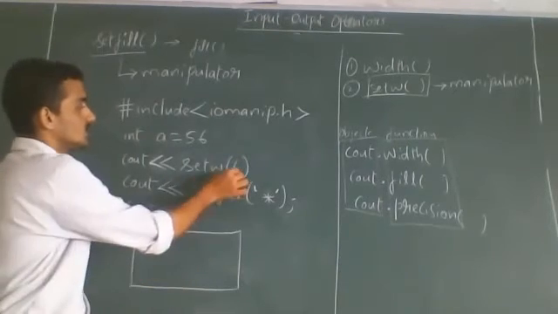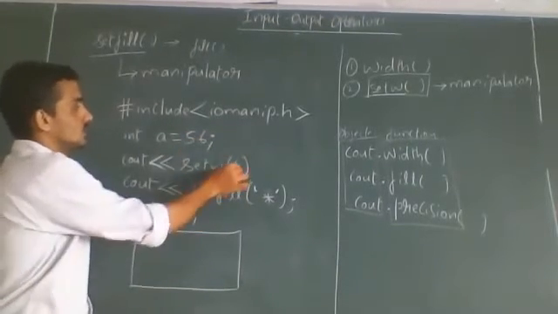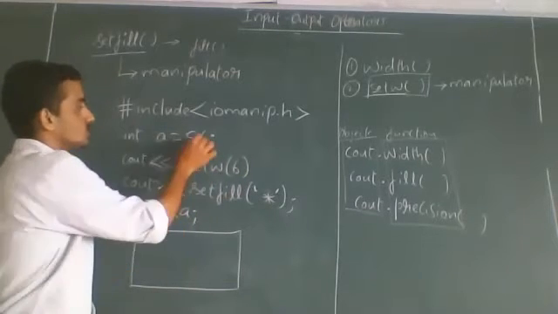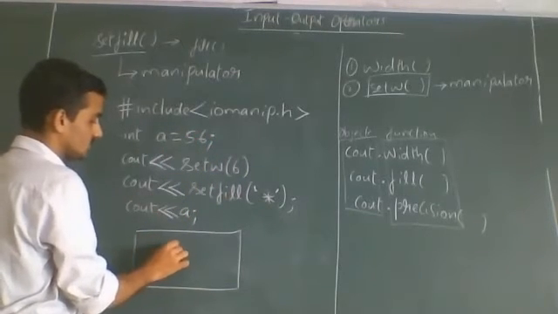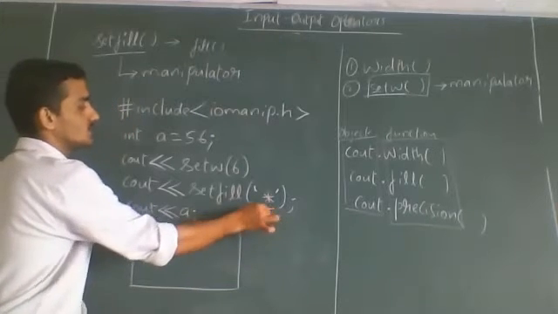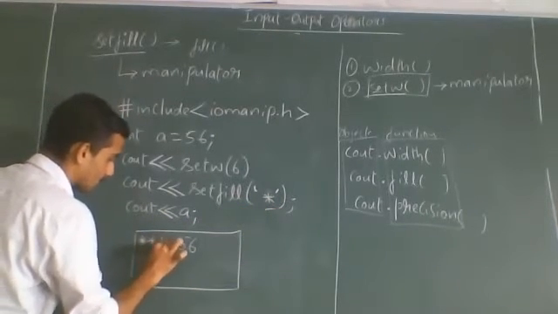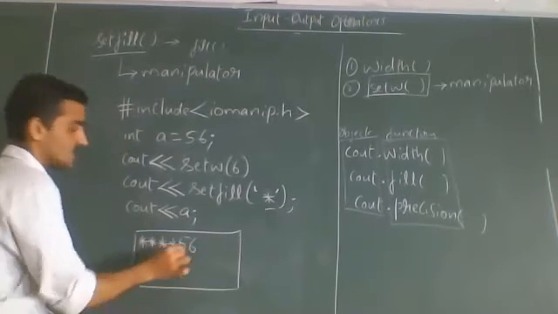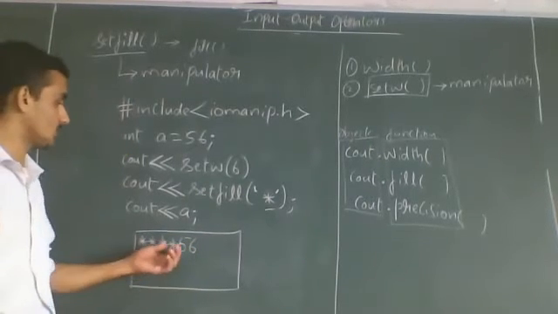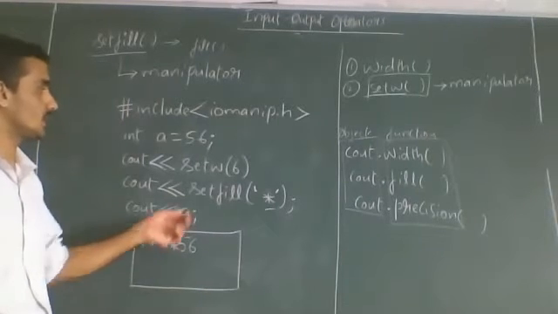Total width is 6. 6 minus number of digits, which is 2. So 6 minus 2 is 4. So 4 empty spaces, then the value 56. And those empty spaces are filled by this character, that is, 4 star symbols will appear, then the value 56. I hope people are getting it. So 4 empty spaces, and those empty spaces are filled by the character star.